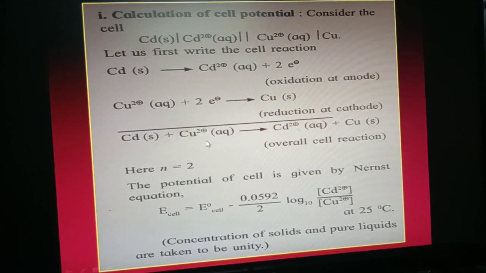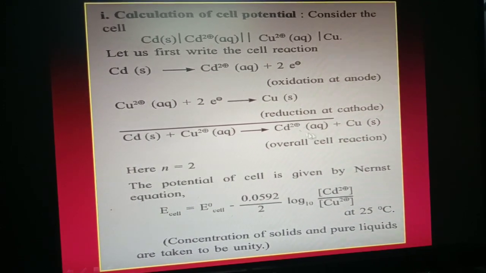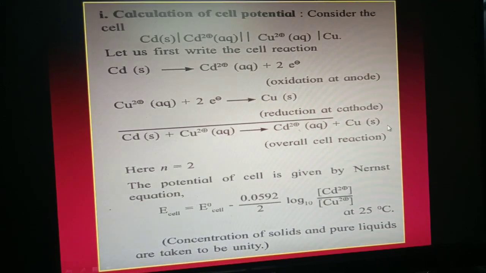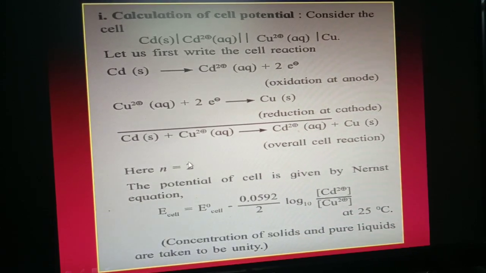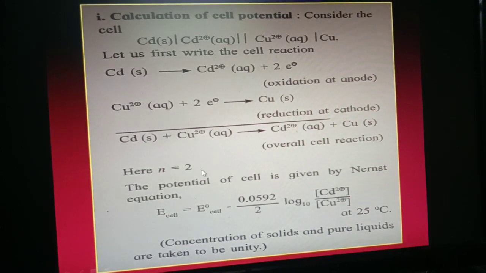So, the net cell reaction gives Cd solid plus Cu2+ aqueous gives Cd2+ aqueous plus Cu solid. Now, the number of electrons donated and gained is 2, so n will be equal to 2.